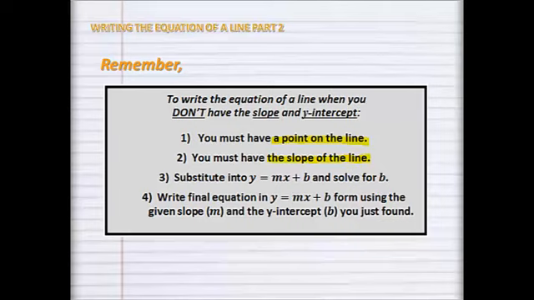In this lesson, we aren't necessarily going to give you the slope each time, so we may have to go find that. Once you have that point and the slope, you can substitute them into this equation, y equals mx plus b, and solve for b, and then write the final equation in y equals mx plus b form. Okay, so just a quick reminder, let's use that as we go through these problems.